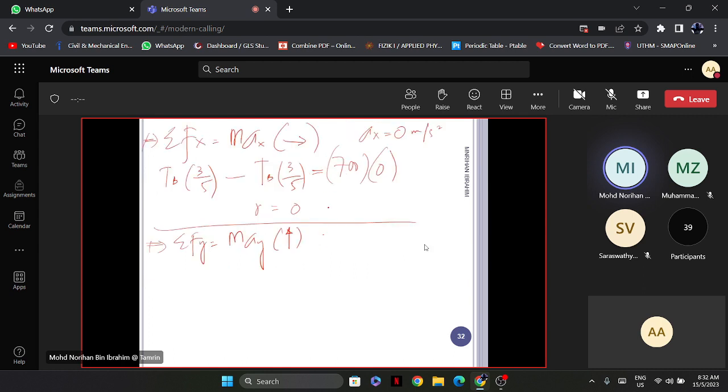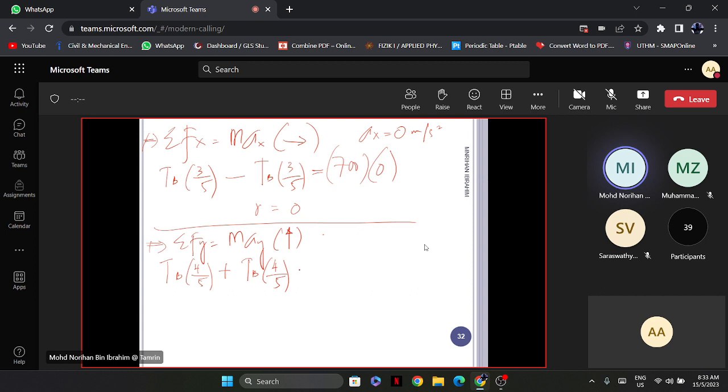Then what we need to do is just substitute into these equations. So TB multiplied with 4/5 plus another TB multiplied with 4/5. What else?